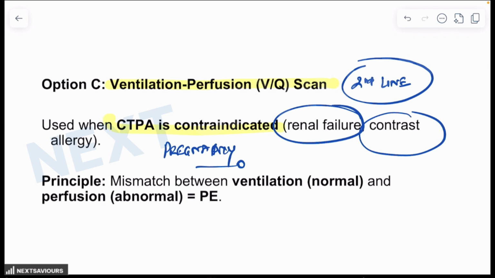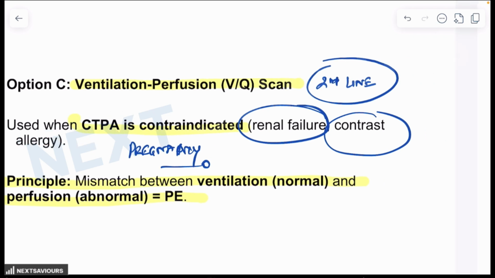All of you know that the ventilation perfusion scan is a nuclear medicine test which is used to diagnose the pulmonary embolism by detecting the ventilation perfusion mismatch. It is primarily used when CT pulmonary angiography is contraindicated. Now, what is the principle behind this mismatch?